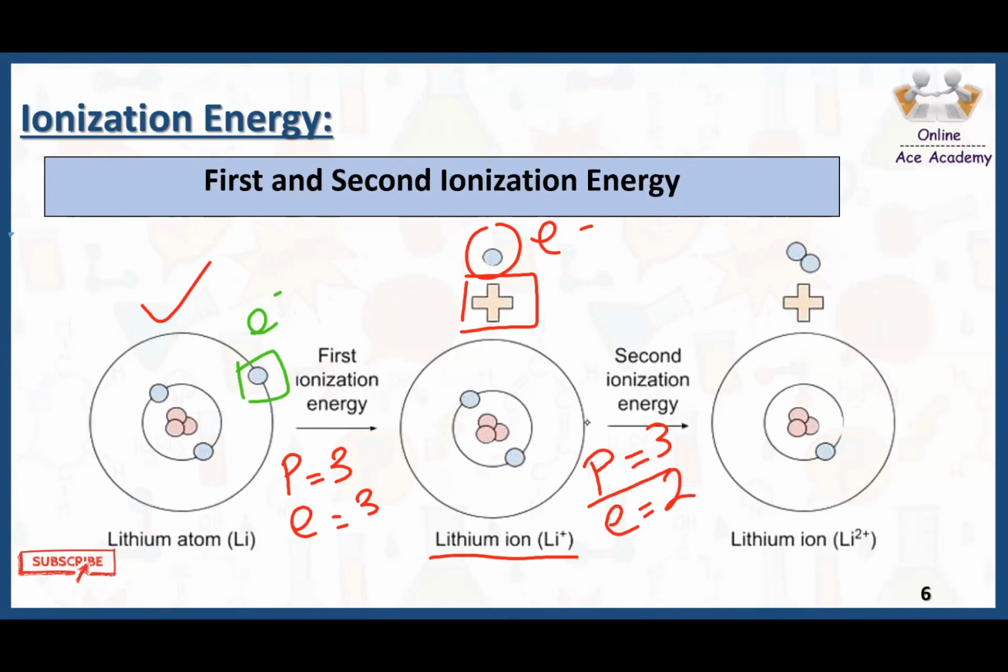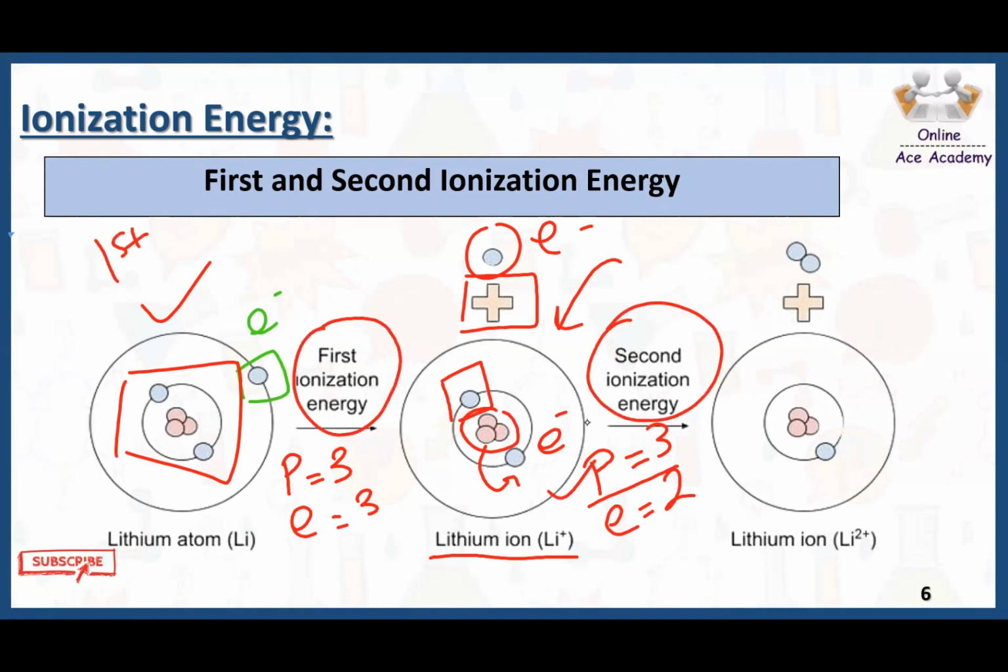If the number of protons is 3, it means there is more nuclear charge. If there is more nuclear charge, it's very obvious that the hold of this nucleus on this electron is more as compared to the first one. So the ionization energy we require to remove this electron from this unipositive atom will be more as compared to the first one.